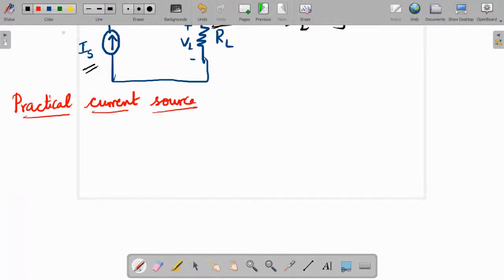In practical current source we have a very large internal resistance. Internal resistance will not be equal to infinite because infinite is the ideal case, but we will have a very large internal resistance in the order of mega ohms.